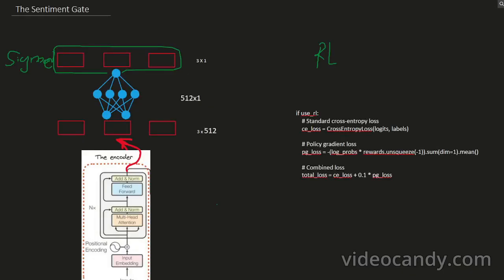I also tried reinforcement learning. There is very little scope to integrate reinforcement learning here, so I used it for the training purpose. Basically, the classifier from the sentiment gate ultimately gives you two outputs, 0 and 1. For this, we use cross entropy loss, and I utilize this module for reinforcement learning as a policy module.